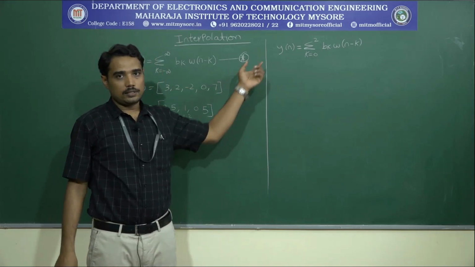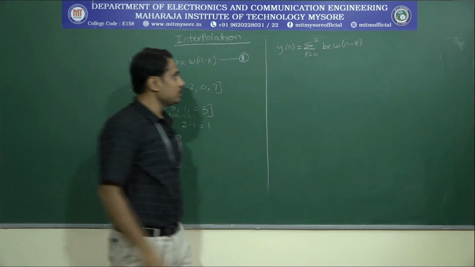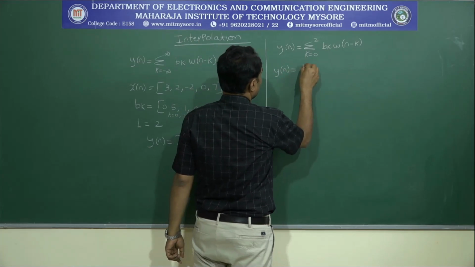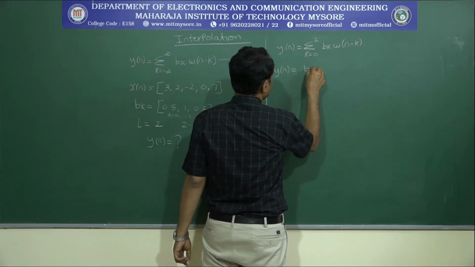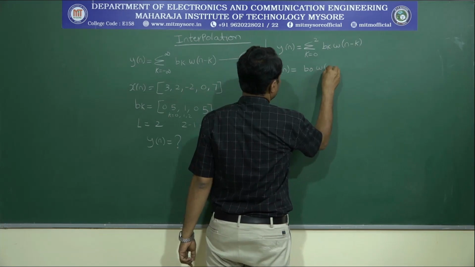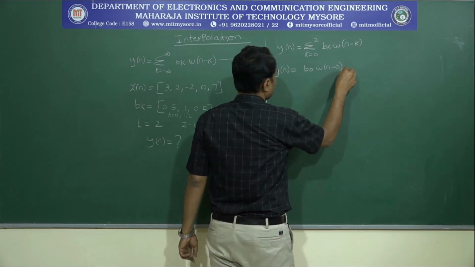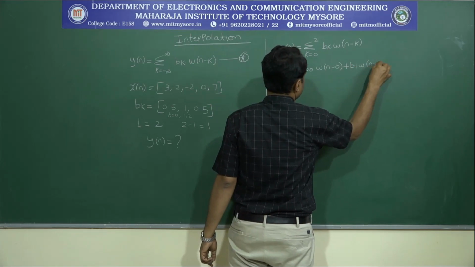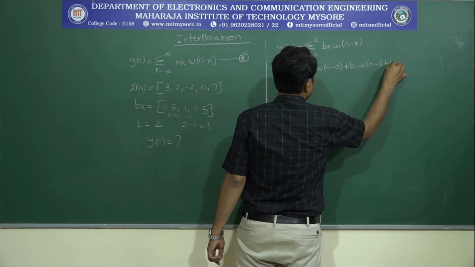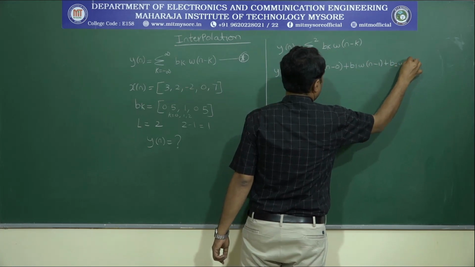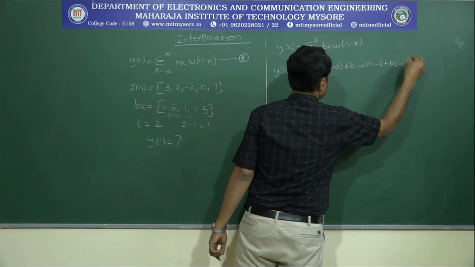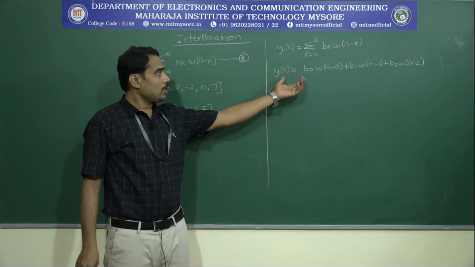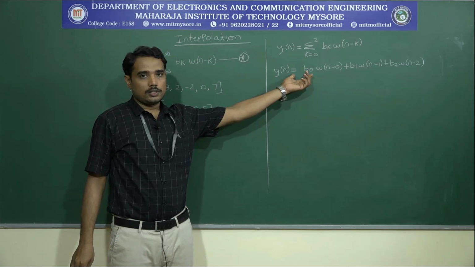In the next step, let us expand the equation to get y of n is equal to b0 into w of n minus 0 plus b1 w of n minus 1 plus b2 w of n minus 2. Now the expansion is ready.